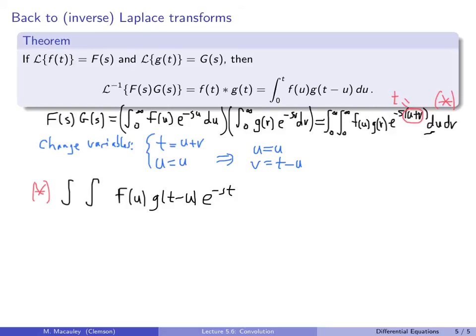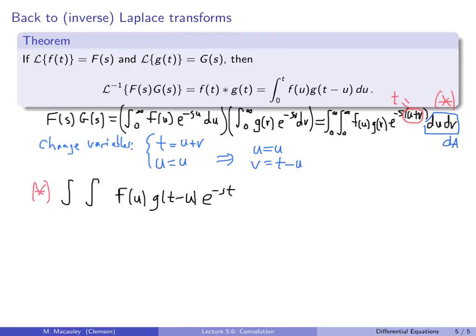And now I have to be careful. I have du dv. This here, remember that this is our dA. And when we change variables, we actually have to be careful because remember what we have to do? So this is one of the details from vector calc.